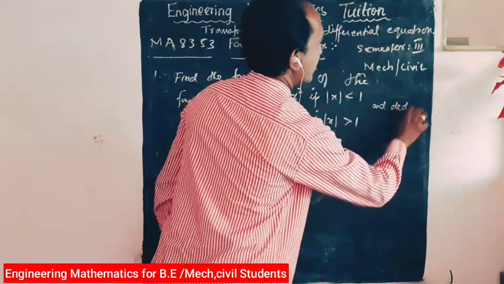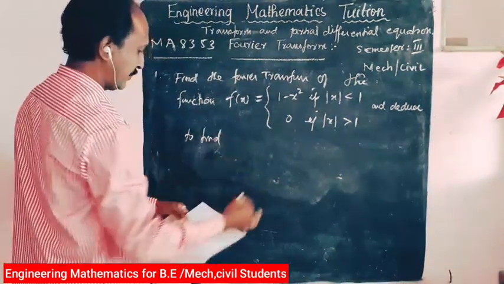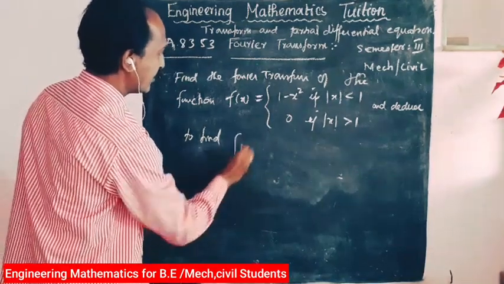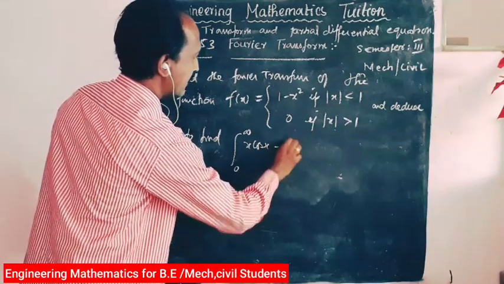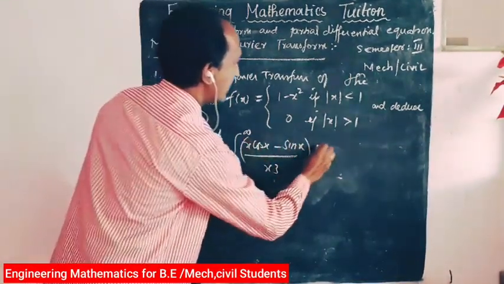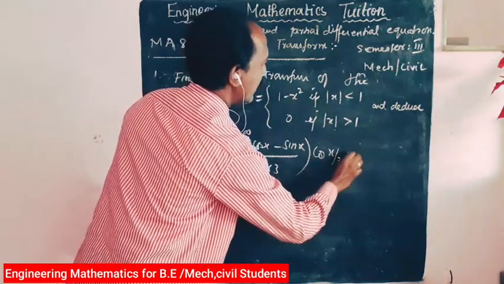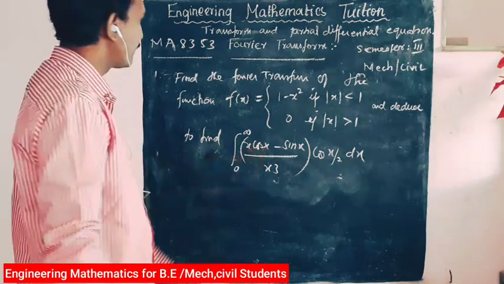And deduce, to find the integral from 0 to infinity of (x cos x minus sin x) divided by x cube into cos x by 2 dx. Here this is a deduction part.